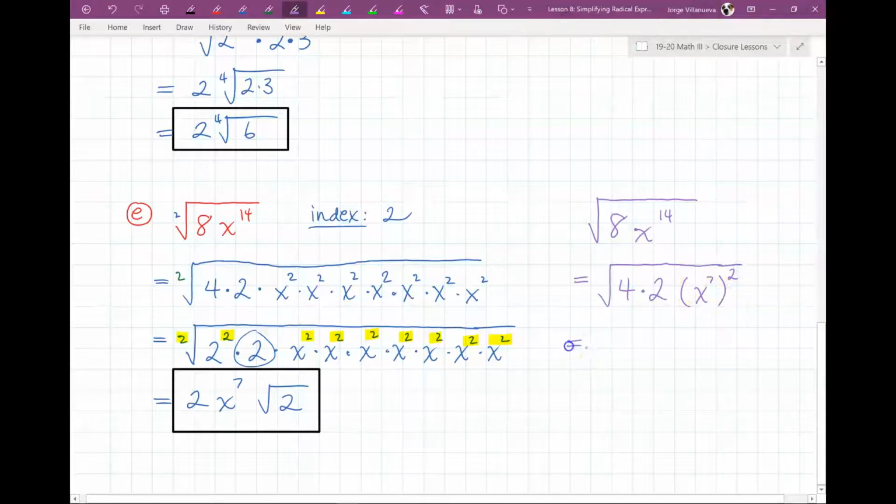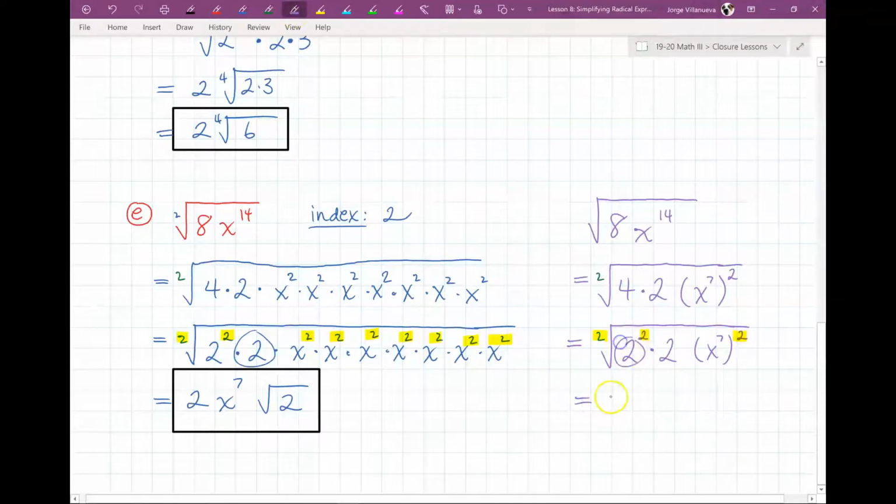Okay, and if I can just take an extra step here, that's 2 squared times 2 times x to the 7th squared. Now, since my index is a 2, right, then this matches that and that, which means that I can take out a 2.